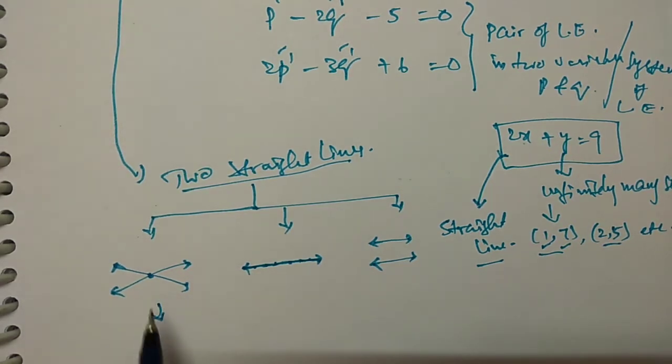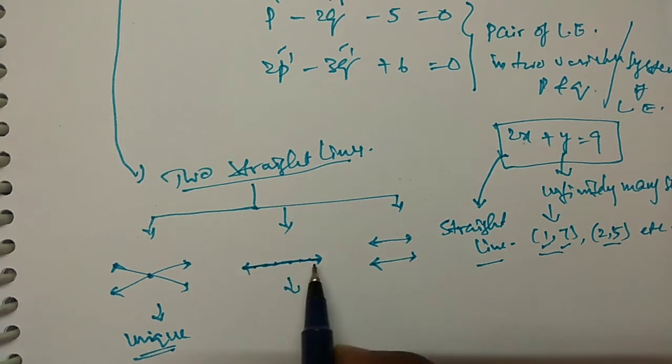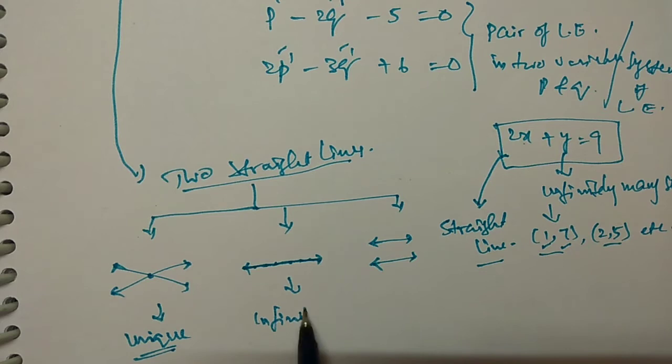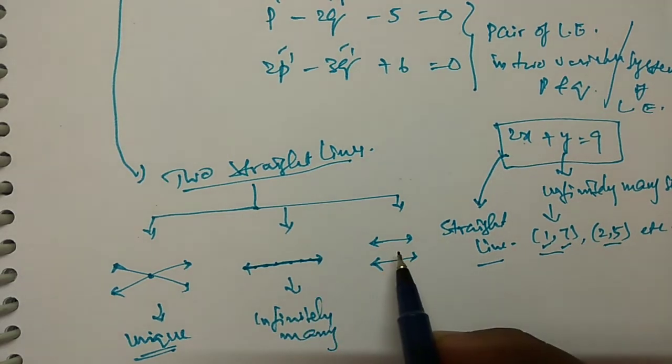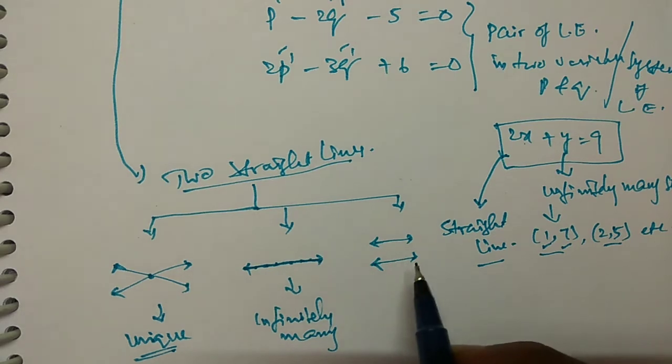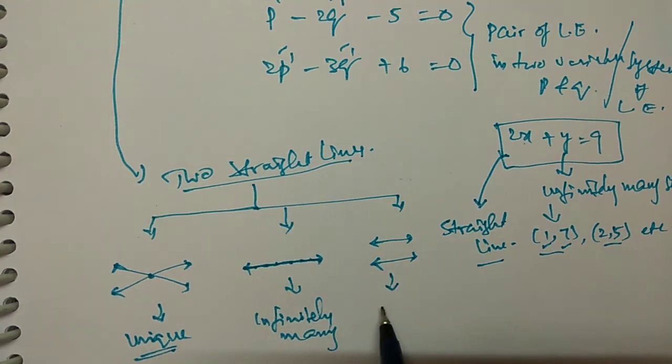If it intersects at only one point, we say that the system of linear equations, a pair of linear equations in two variables, has a unique solution. Unique means only one solution. If it is intersecting at more than one point, it has infinitely many solutions. If it does not intersect anywhere, we say it has no solution.